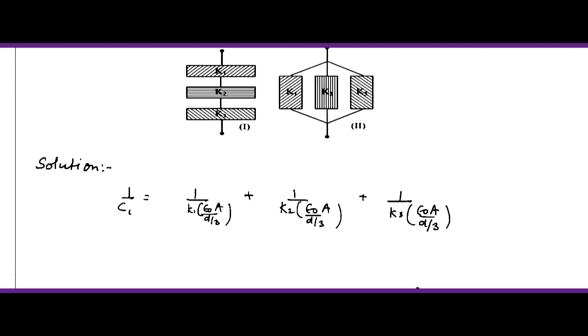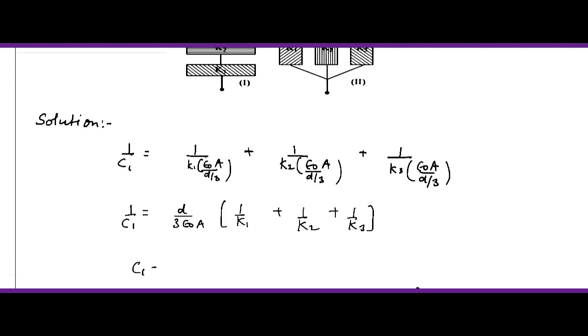If we take d by 3 epsilon naught A common, 1 upon C1 will be equal to d by 3 epsilon naught A times 1 by K1 plus 1 by K2 plus 1 by K3.